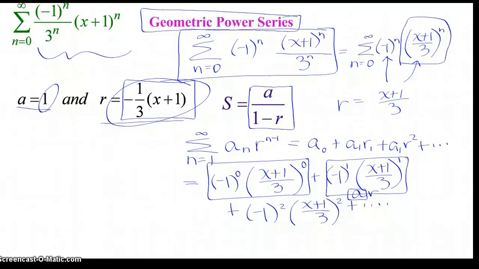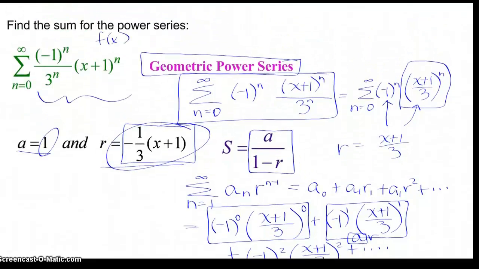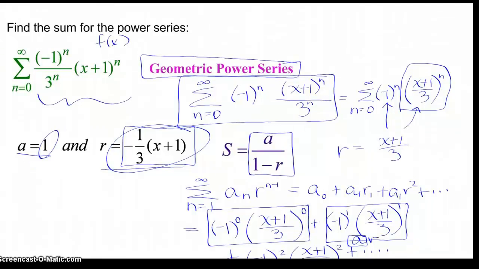I don't want you to be confused because I spent so much time making sure that you had your geometric series in the proper form of r to the n minus 1 right here. I wanted to make sure that you had it in that form, so you would definitely find a and definitely find r. It turns out for geometric series, and really any series, but in this context, it's okay to just generate the first couple of terms and figure out what a is and figure out what r is.